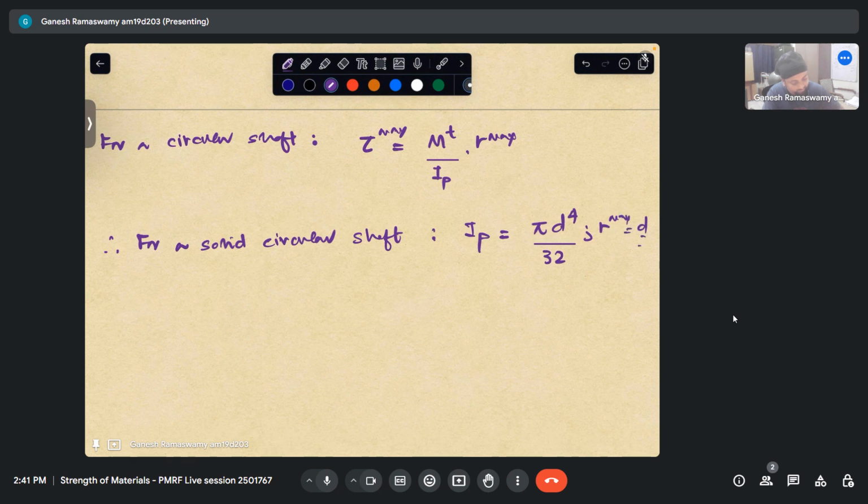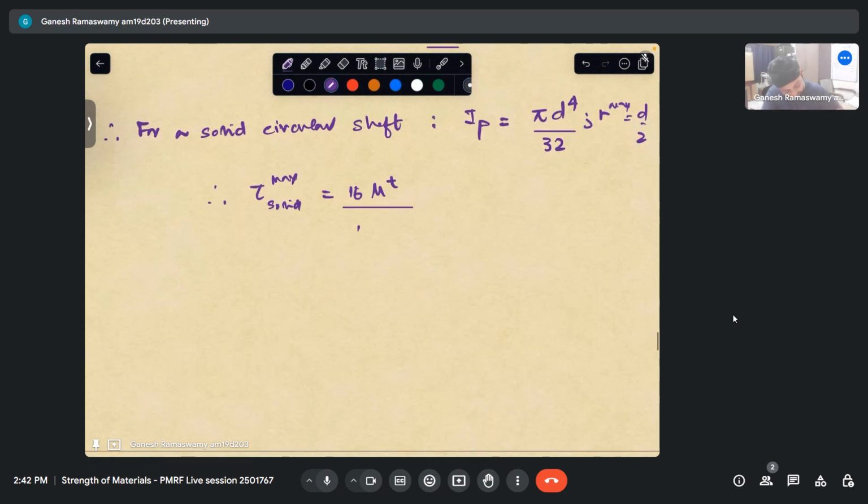So therefore, tau max for solid is nothing but Mt by Ip into R max, and substituting this, we will get 16 Mt by pi d cube. So this is for a solid shaft.